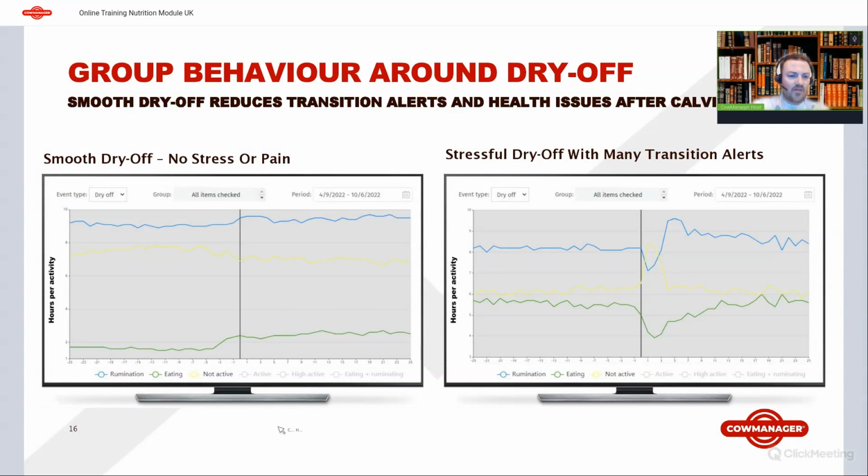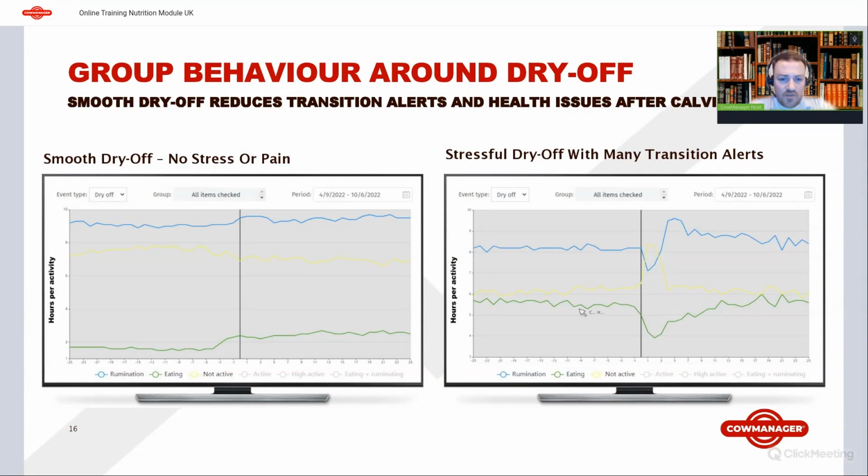In these graphs especially, I like to split eating and rumination. Some use them together. I just like them separate. And this is something you want to see. So this on the left, perfect example. On the right, not so perfect, or a perfect example of what we do not want to see.